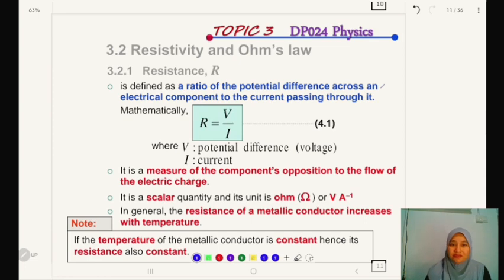So R equals V over I, where V is the potential difference or voltage and I is the current. It is the measure of the component's opposition to the flow of electric charge.